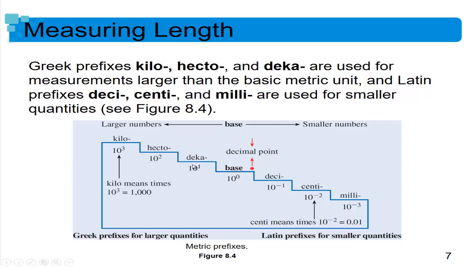A decameter is 10 meters, a hectometer is 100 meters, and then a kilometer, right? Kilometer is 1,000 meters. And then the nice thing is the system works for all units of measure, right? So here we're measuring length, but let's say we want to measure volume. Then we talk about liters, right, for liquid volume.